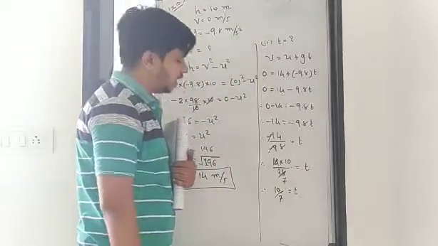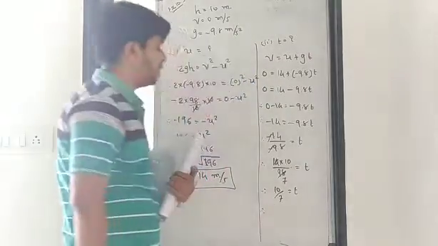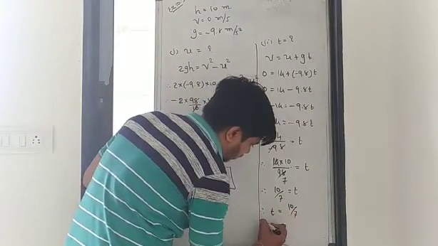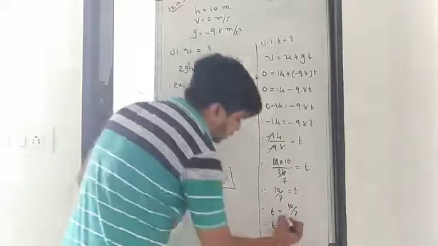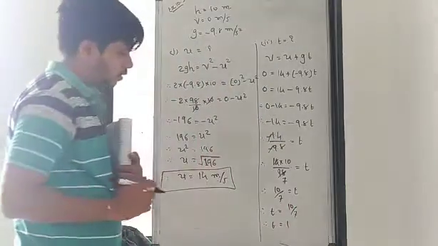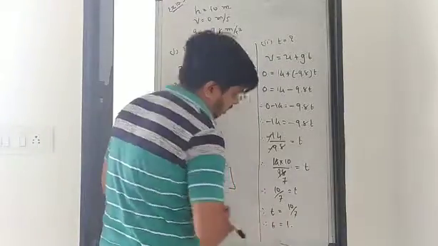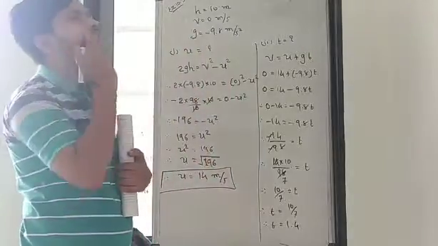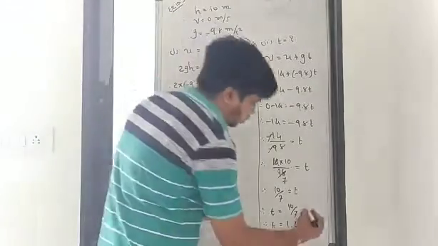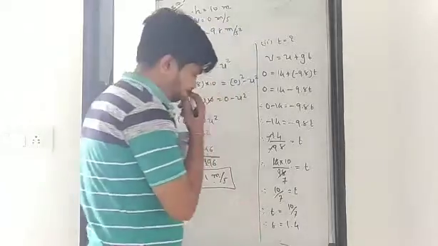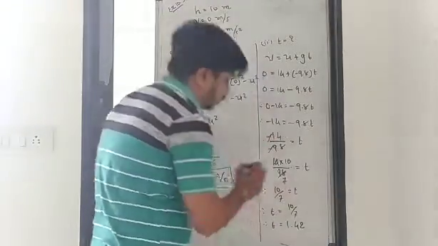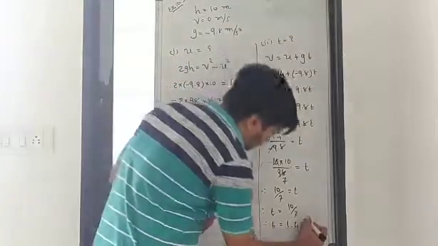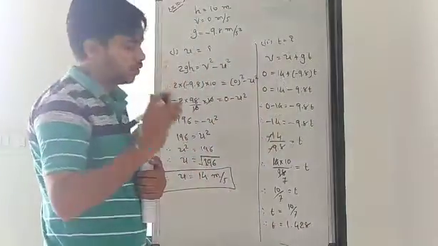Right? So t is equal to 10 by 7. Now we divide: 7 ones are 7, 3, 7 fours are 28, right? 2, 20. 7 twos are 14, 60, 7 eights are 56, right? So it gives you a value like that.